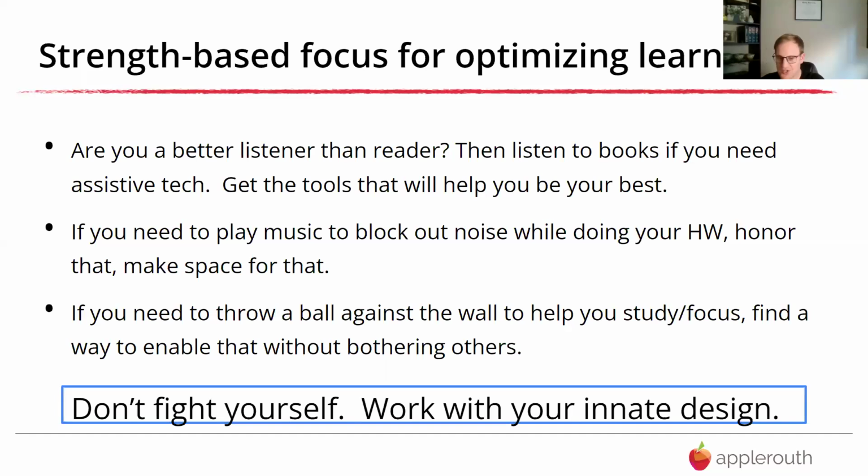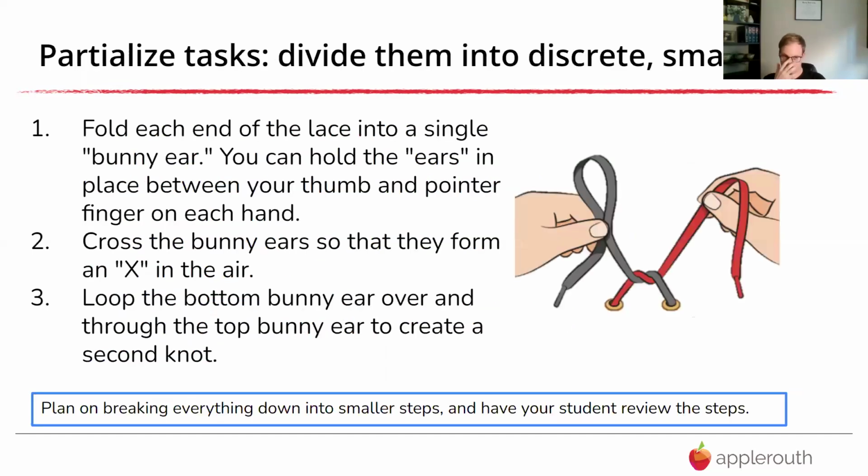Or maybe we need to change where we're working. Work with how you are designed. Don't fight yourself. You got to lean into, okay, this is really what I like and what works, and this is what doesn't. It can be really hard to figure that out, but sometimes with prompting, students can make big leaps in understanding themselves.